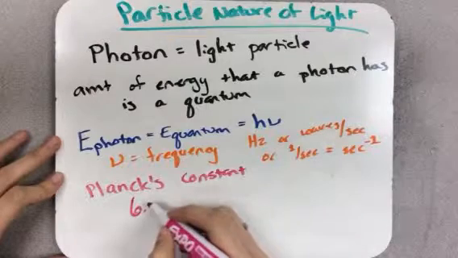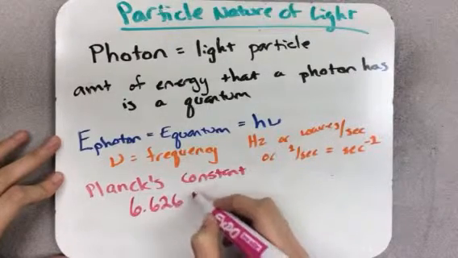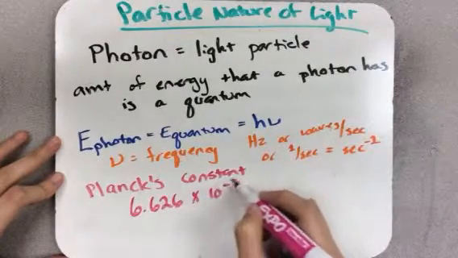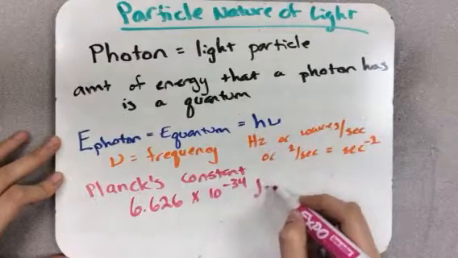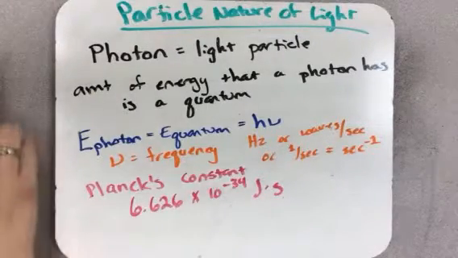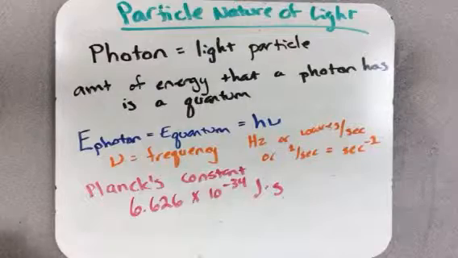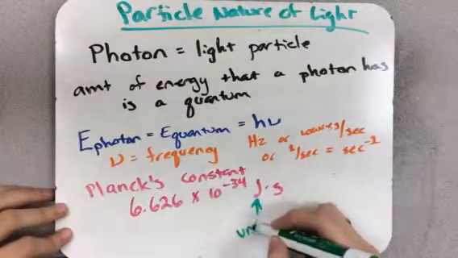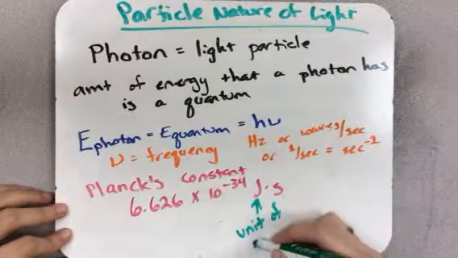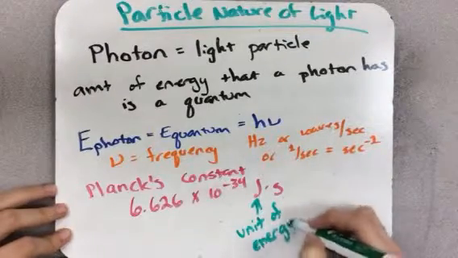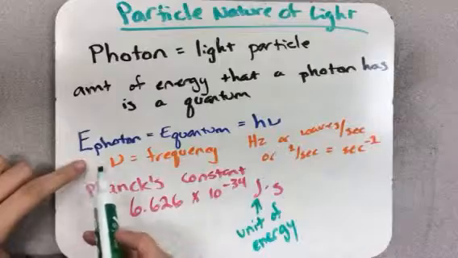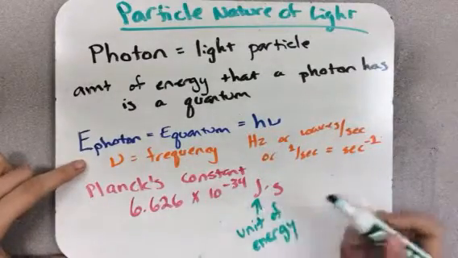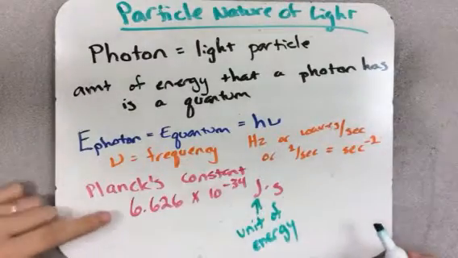I will provide that to you. 6.626 times 10 to the -34 joules per second. Now, joules is the unit that we will use for energy. So this is our unit of energy. So our final answer when we're looking for the energy of a photon or energy of a quantum should be in joules.